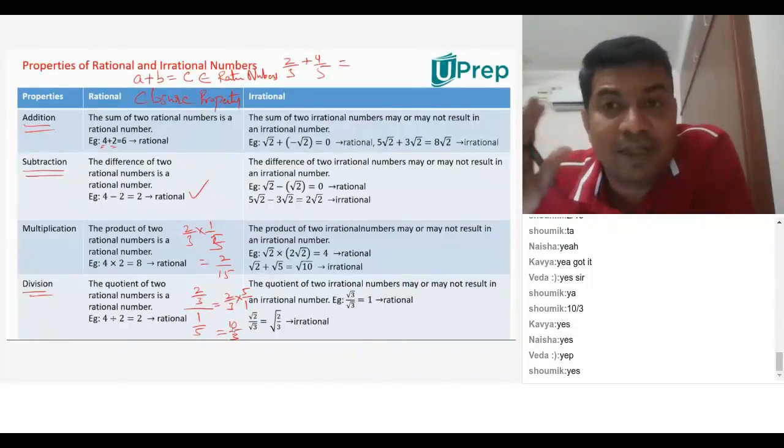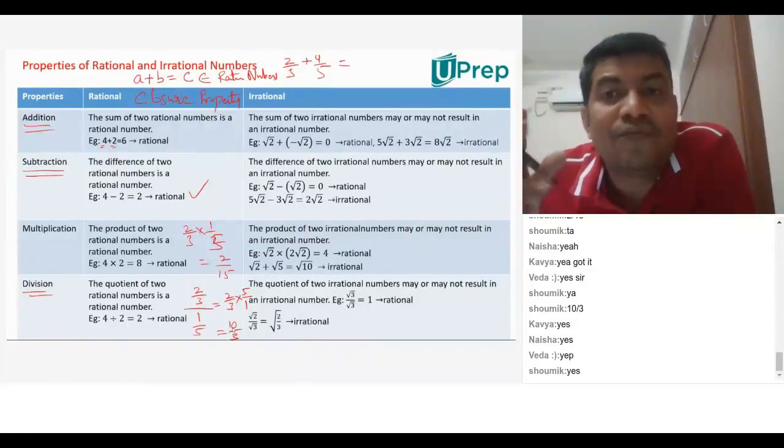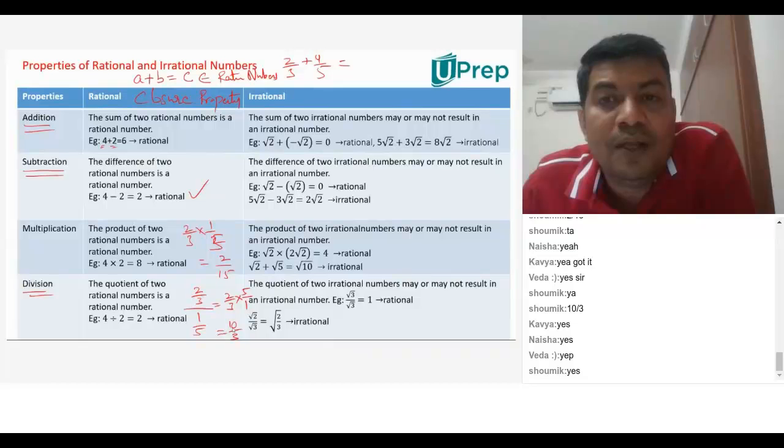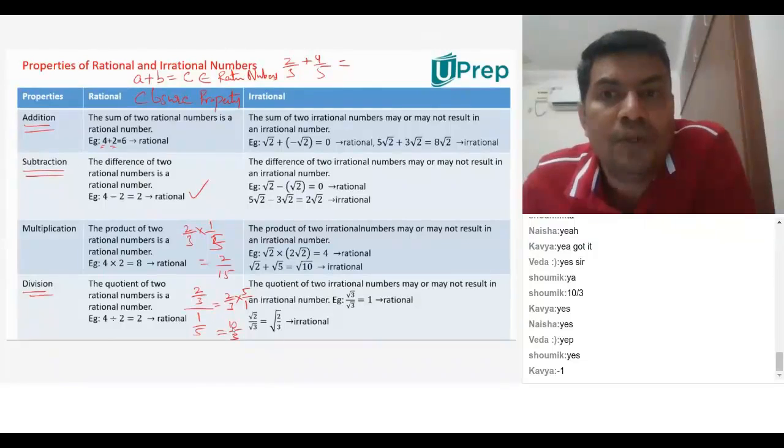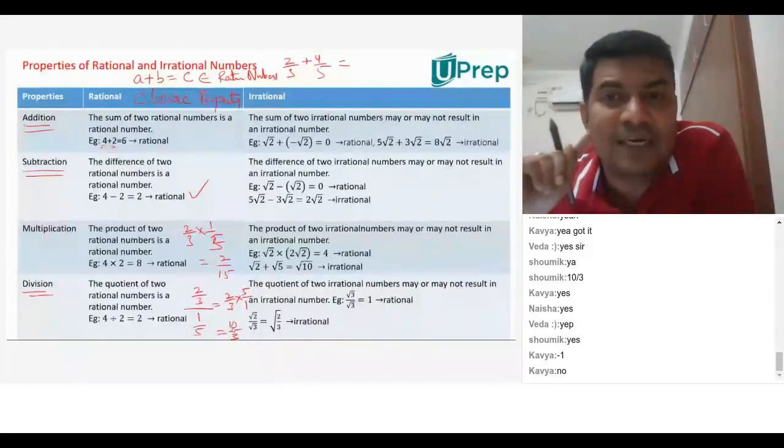That's not the case with everything. For example, in natural numbers, subtraction doesn't hold closure property. When you subtract two natural numbers, say you have 2 and 3, 2 minus 3 gives you minus 1. Is it a natural number? No. So in natural numbers, closure property doesn't hold good in subtraction, whereas in addition it holds good.